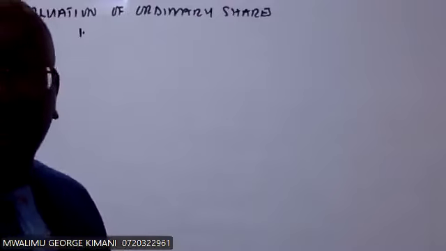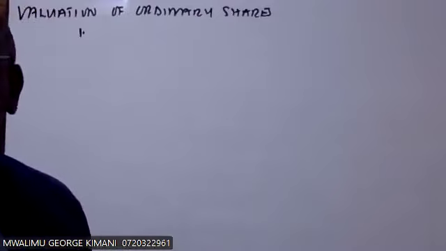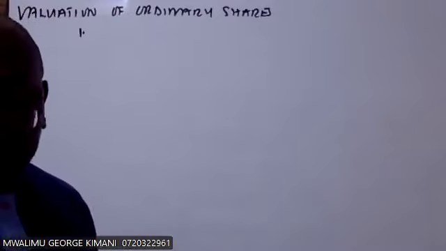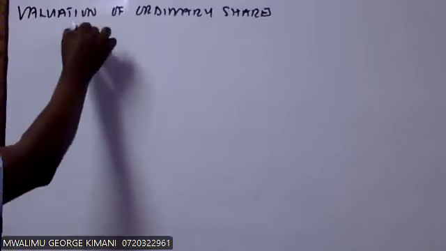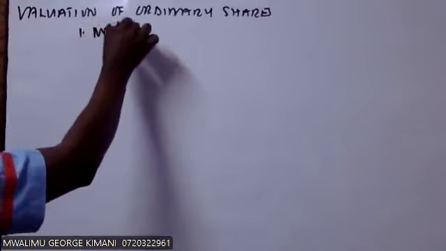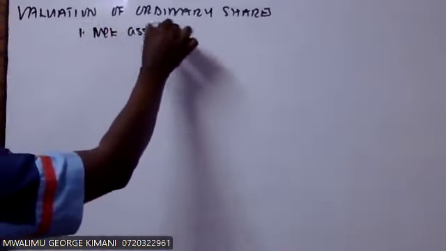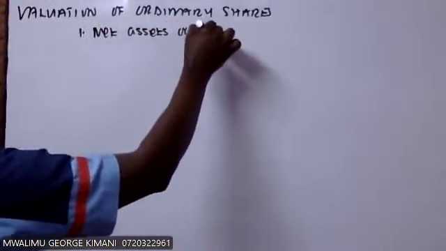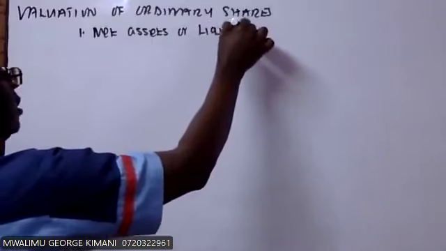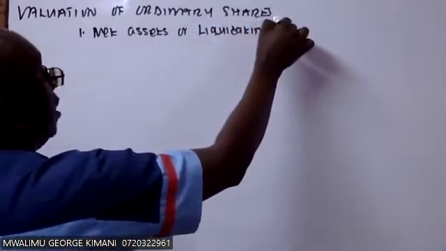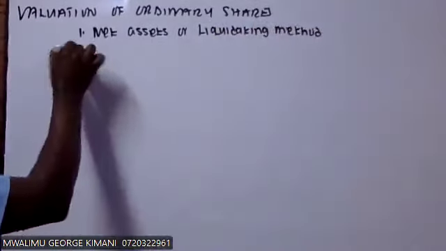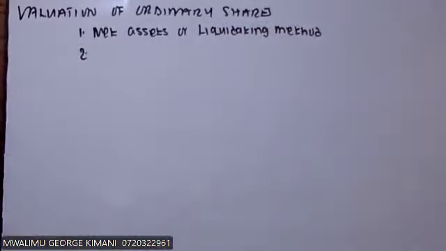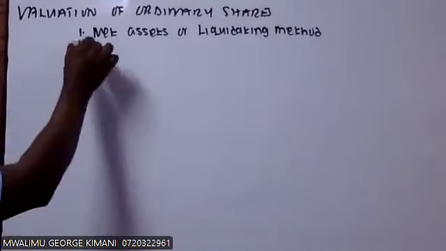We shall first of all list them. Number one, net assets or liquidating method. Number two, super profit method.